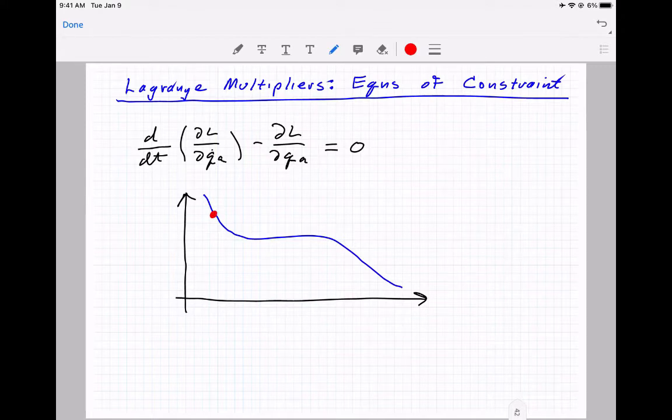And so we have an equation of constraint, because we have a function f of x and y equals 0, and that's a function that describes the shape of the wire.